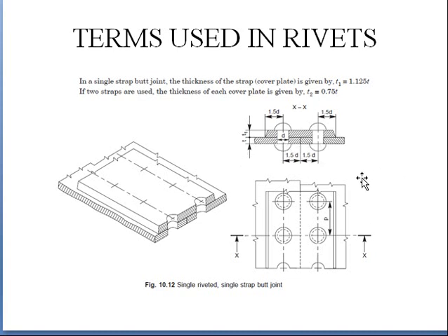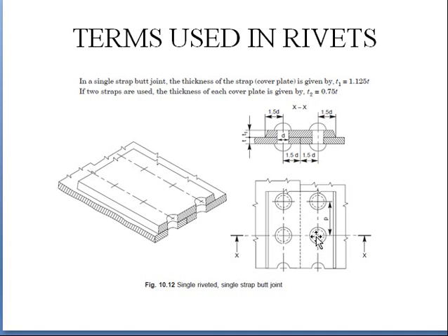Here the distance from the edge of the rivet to the axis of the rivet is called its margin, and the distance between both the rivets is called its pitch.